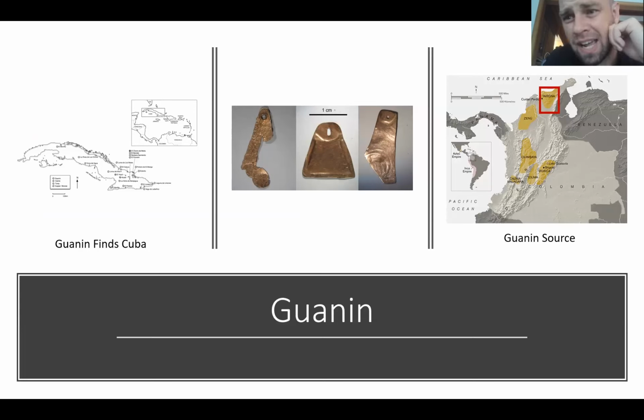There's a group called the Tairona. They are famous for metalworking, and it's believed that these metal artifacts were moving from Colombia into the Lesser and the Greater Antilles. So we can see that there's a lot of things moving around, and I think some of the movement of these exotic goods in particular is really fascinating.